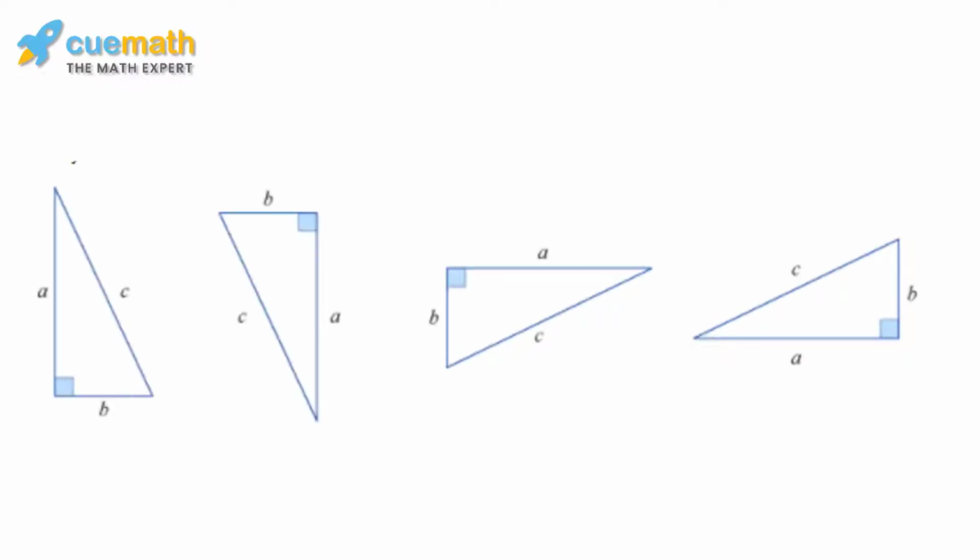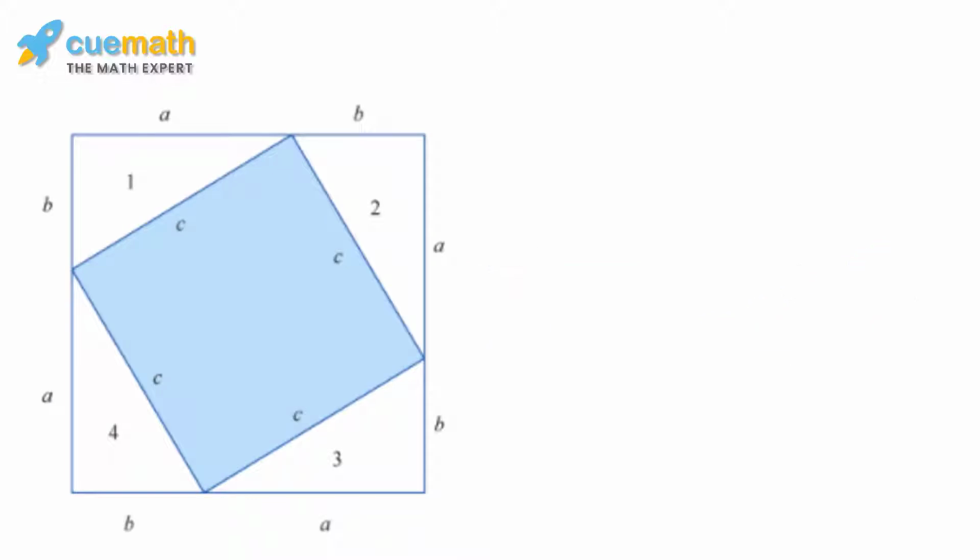So basically, let us consider a right angle triangle with the hypotenuse C and the two legs as A and B. Now, let us consider four identical triangles such that we assemble these four triangles to form a square. If we look at this particular figure, we see that there is an outer square and an inner square which is formed by these four triangles.